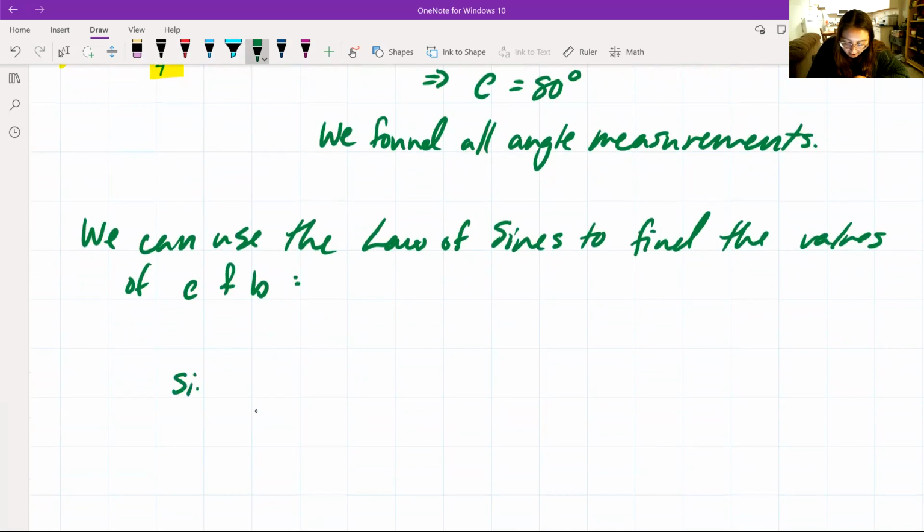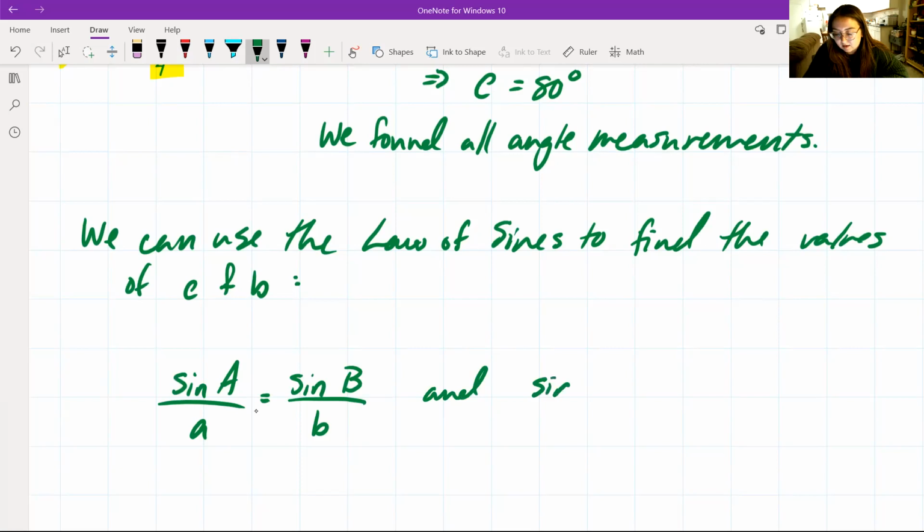First we can say that sine of capital A divided by lowercase a is going to be equal to sine of capital B divided by lowercase b. And sine of A divided by lowercase a is equal to sine of capital C divided by c.